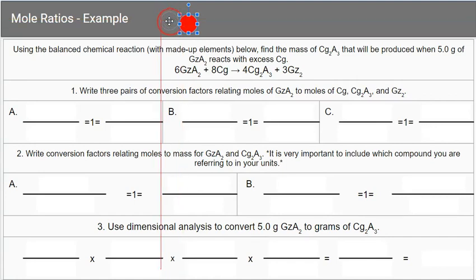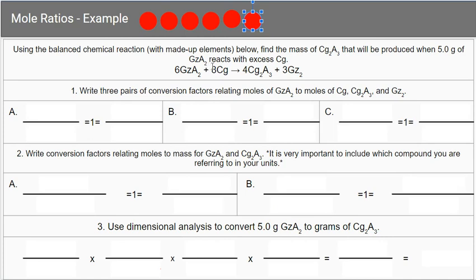So I'm going to say this is 1 mole of GZA2, and we need 6 of them for a reaction. So 1, 2, 3, 4, 5, 6. And we're going to react that with 8 moles of CG.